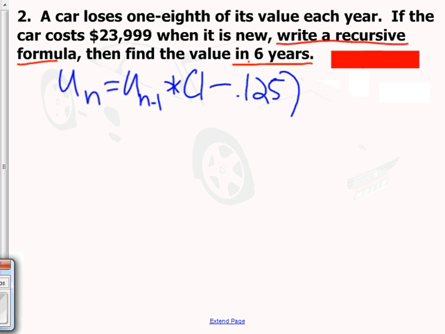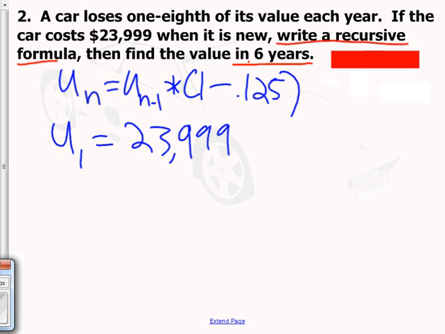You mean like the common ratio and stuff? No, I'm talking about your starting value and your domain. Oh, I had my starting value at 22,900. Okay. And what'd you put for the u sub something? U sub 1. Okay. So u sub 1 is equal to this 23,999.